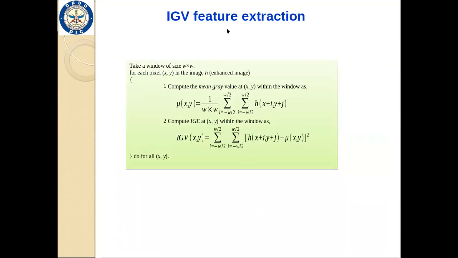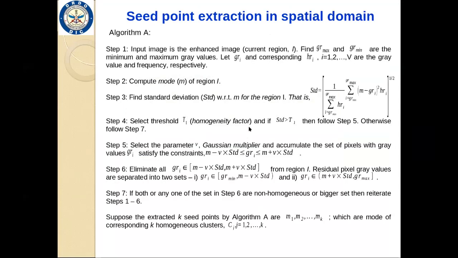Then IGV feature extraction. On the enhanced image from the previous step, at any point x,y we compute within a window the mean value and the difference of the gray. We call this the internal gray variance. Using this internal gray variance image, the input image is the enhanced image.